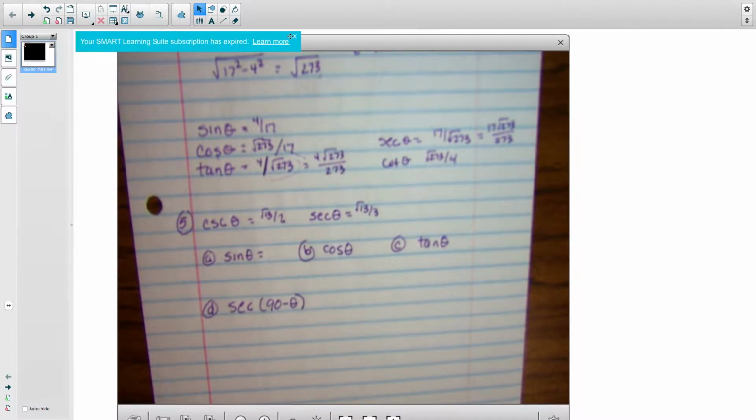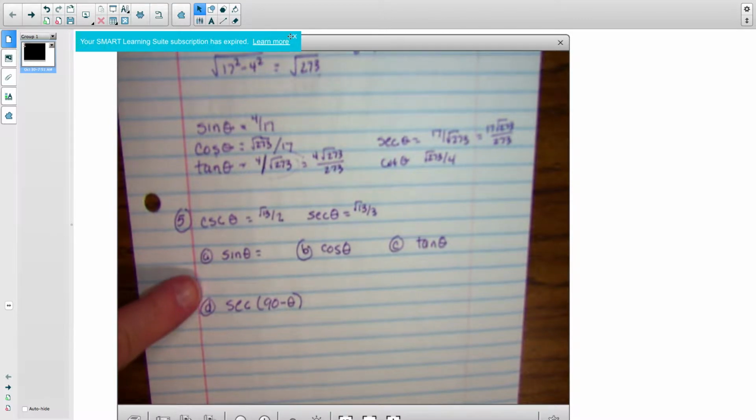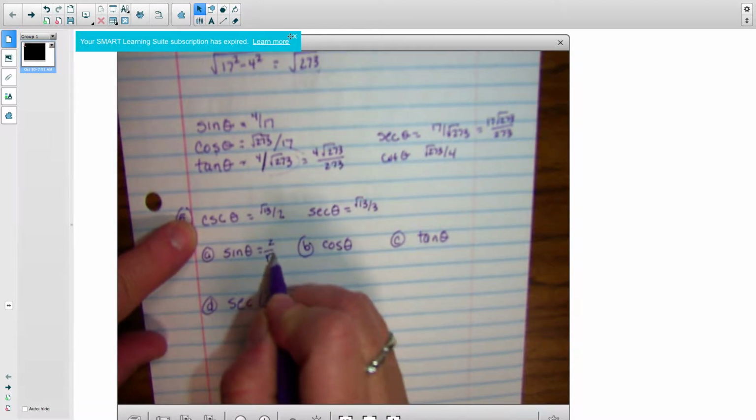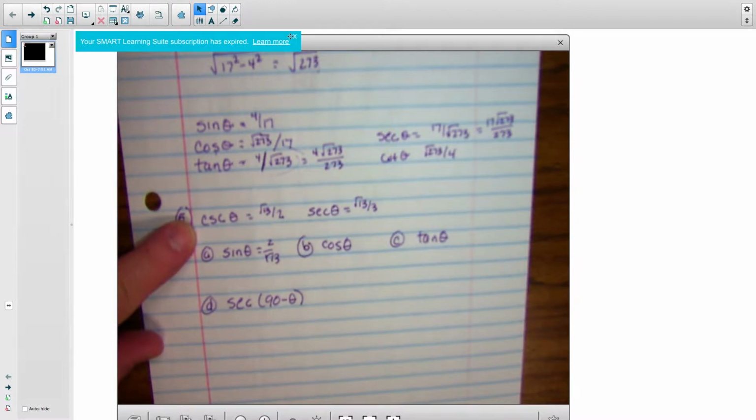All right, well, what's sine? Reciprocal of cosecant. So that's just 2 over the square root of 13, which I probably on the answer sheet said 2 square root 13 over 13.